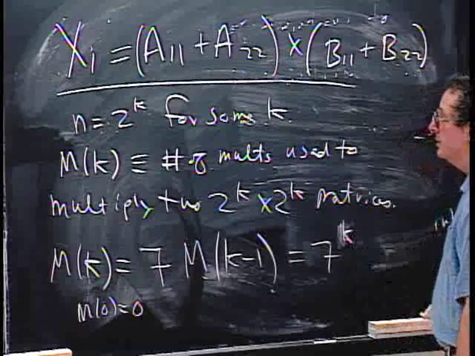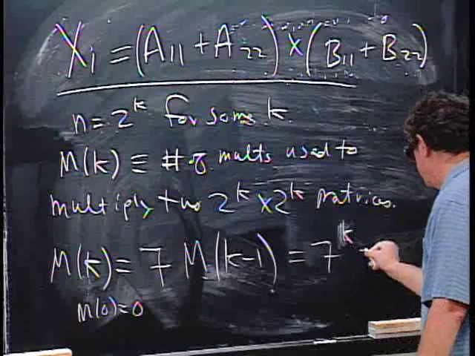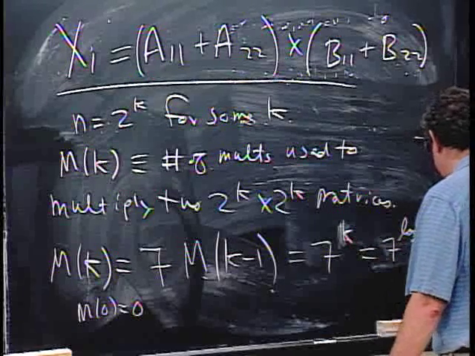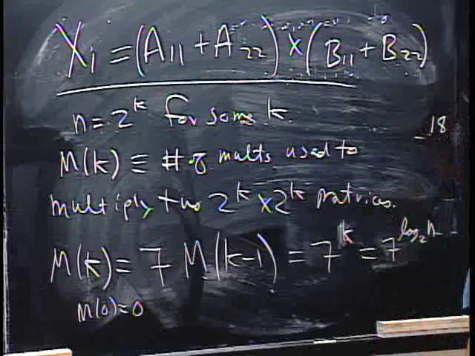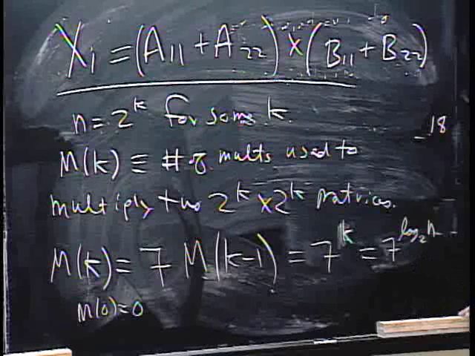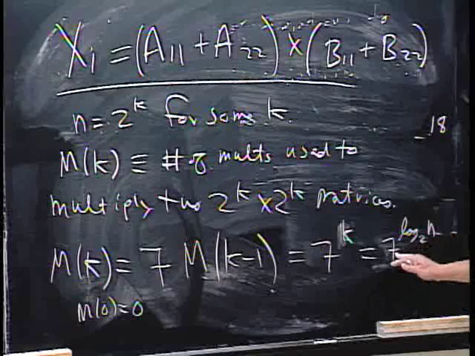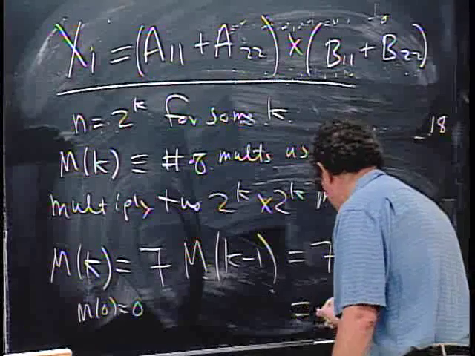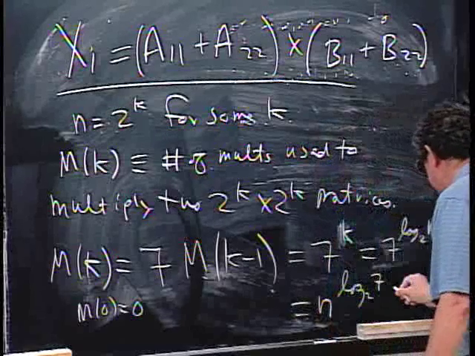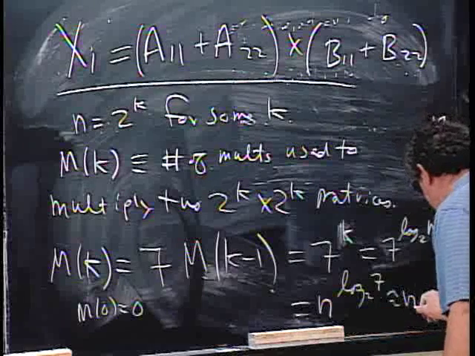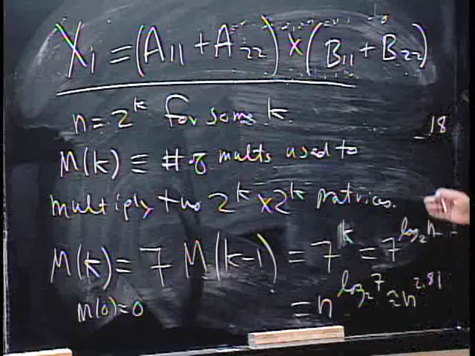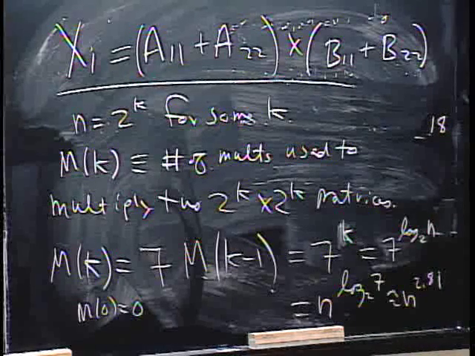Well, k is log base 2 of n, so that's equal to 7 to the log base 2 of n. This is a little clumsy, but you all remember the trick that we've talked about. We can exchange the 7 and the n here. So this is equal to n to the log base 2 of 7, and that's about n to the 2.81. Okay? So that's the analysis of the number of scalar multiplications.